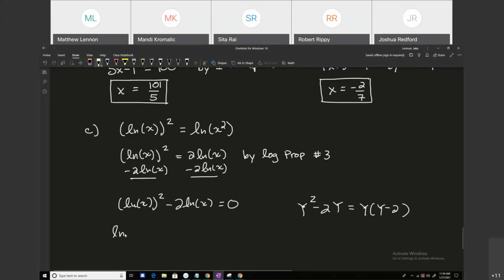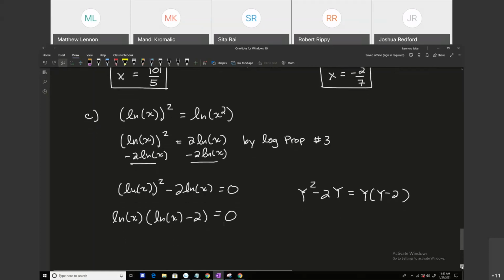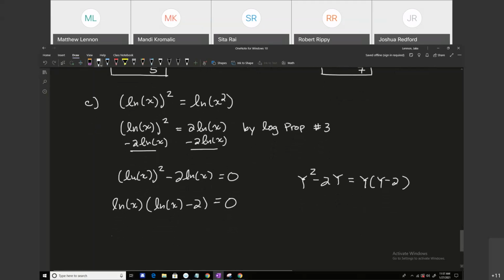So y is like the natural log of x. So I can write the natural log of x times the quantity natural log of x minus 2 equals 0. And now I have two things that multiply to 0, the natural log of x and natural log of x minus 2. So from the zero product principle, one of those has to be 0. So either the natural log of x is equal to 0, or the natural log of x minus 2 equals 0.